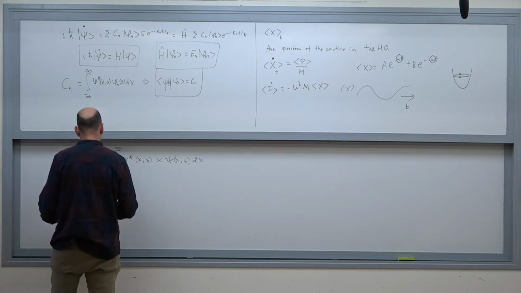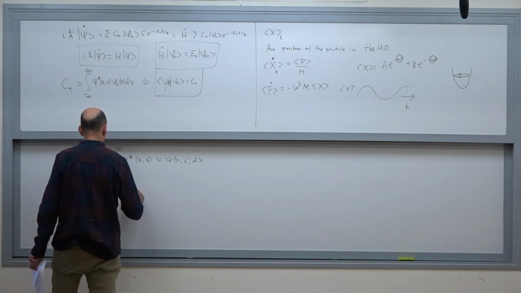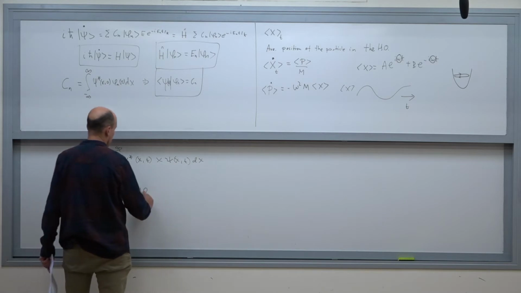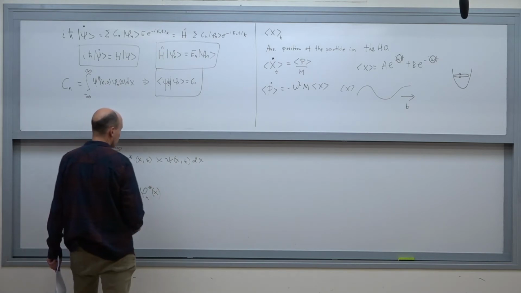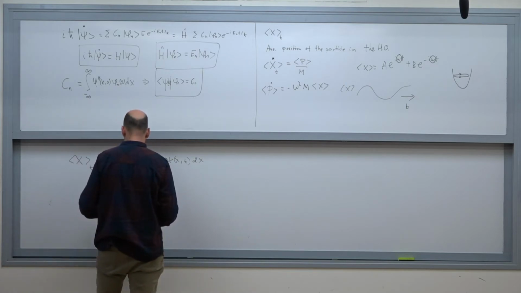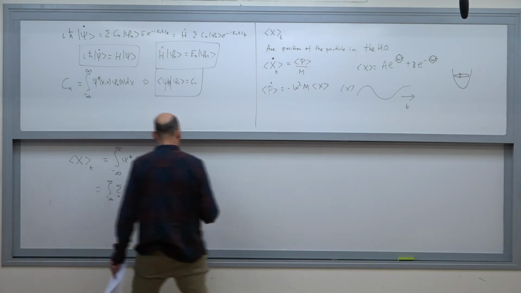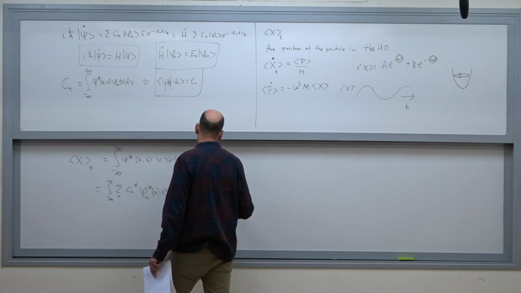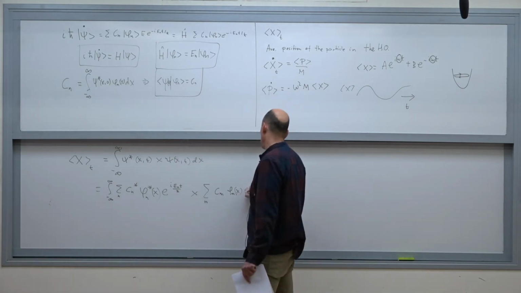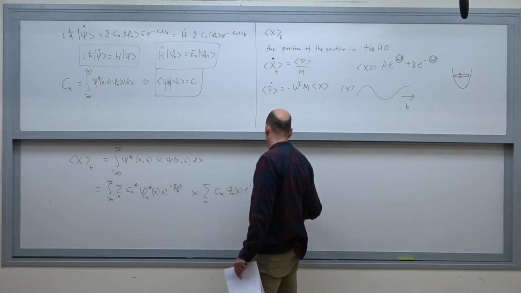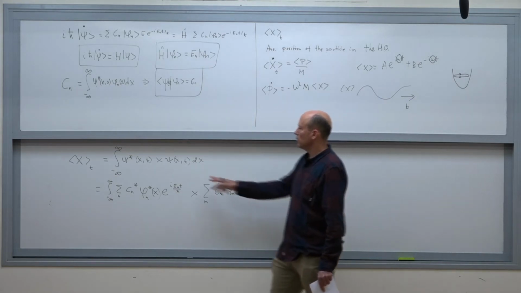So I need to do this integral from minus infinity to infinity, sum over all n, cn star, because this is psi star, this is phi n star of x, e to the i En t over h bar, and here I need to sum cm phi m of x, e to the minus i Em t over h bar, and then integrate over dx. So what I did here, I simply inserted the solution of the Schrödinger equation.